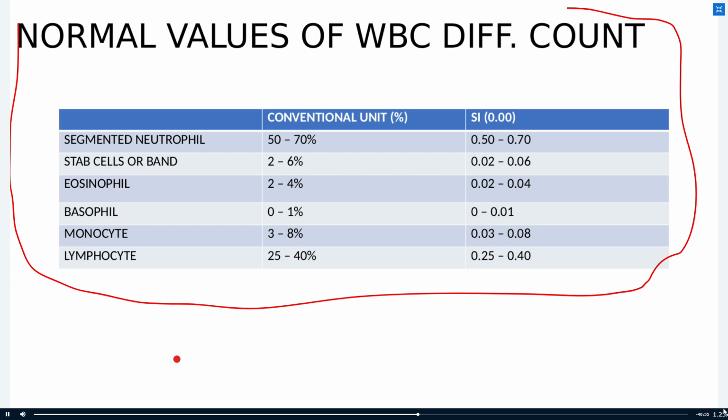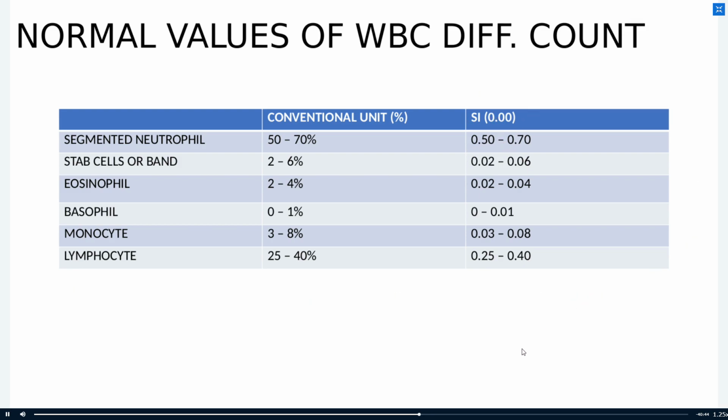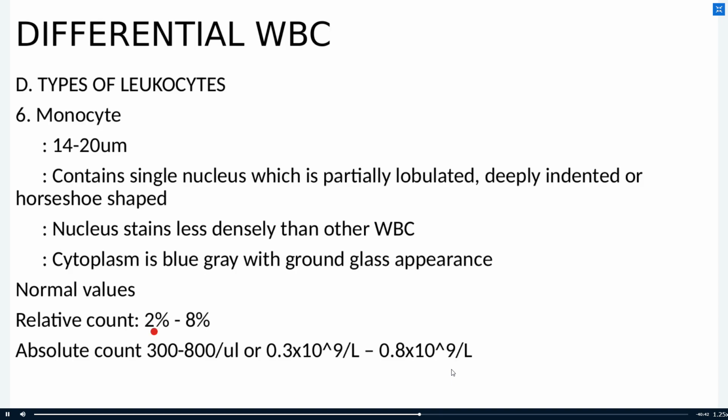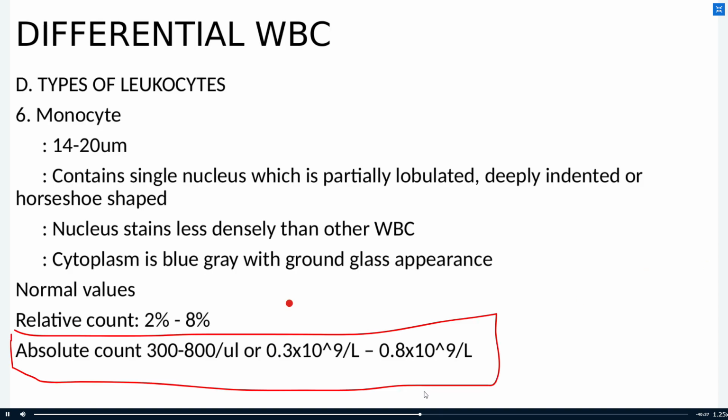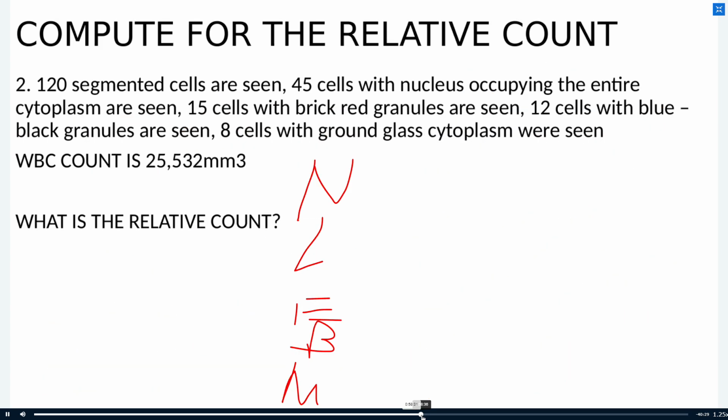Okay, very good. Percentage kasi class. So mag-ingat kayo class, this is not for absolute, this is for relative count lang. Pag convert yan sa SI, it just becomes decimal. And remember, ang absolute count nyo class should be per UL or times 10 raised to the 9th per liter. So if you took notes of that sa handouts mo, masasagutan yan. Okay? So balik na tayo.